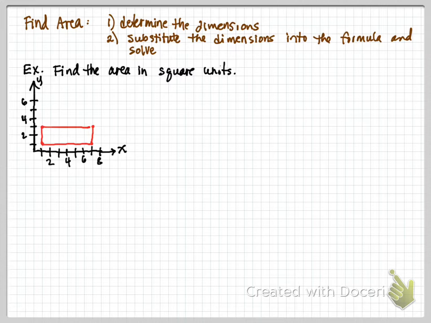And then on top of that rectangle, at 2, 3, we'll put another point. And then at 2, 5. And then at 5, 5. And then we're going to come back to 7, 3.